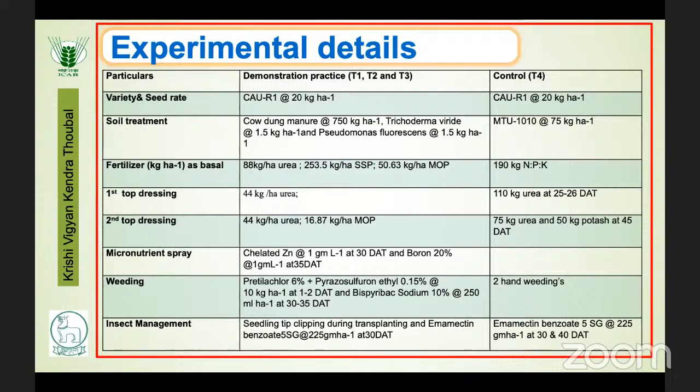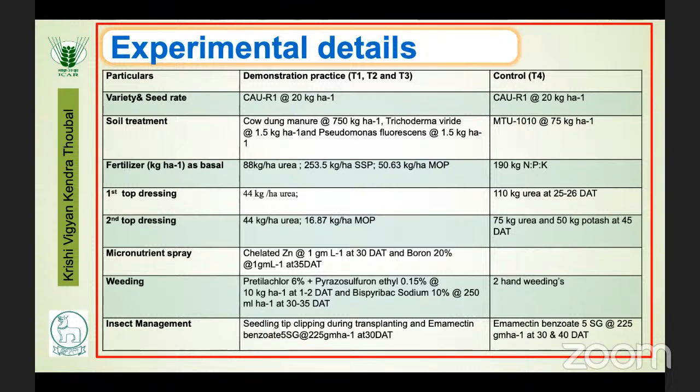These are the major packages of practice which were taken up during my experiment. In the first, second, and third treatments, we can see that most of the package of practice has been completely taken up, whether it is soil treatment, fertilizer, top dressing, second top dressing, or micronutrient.